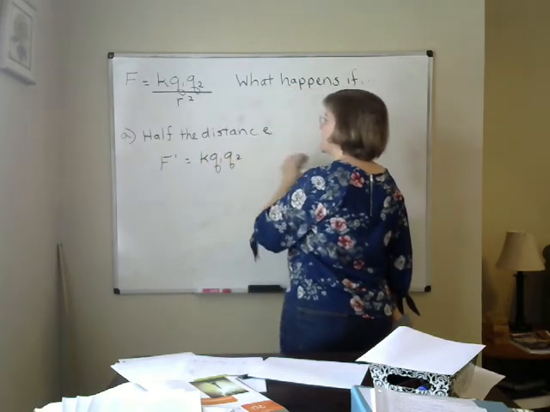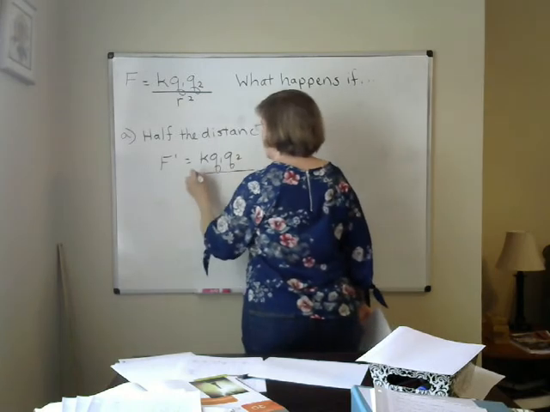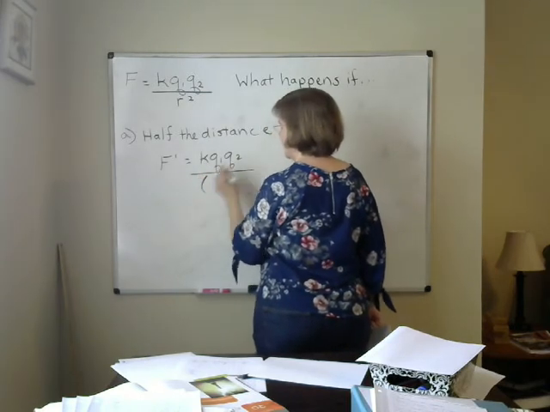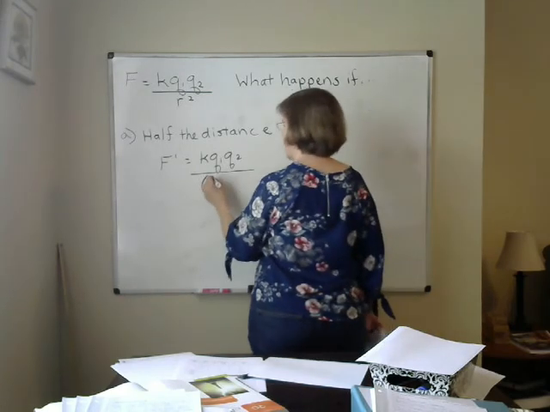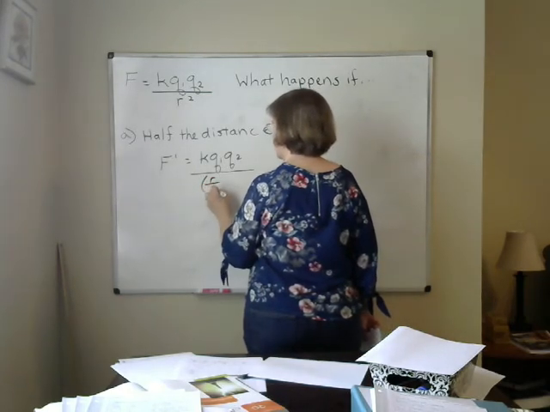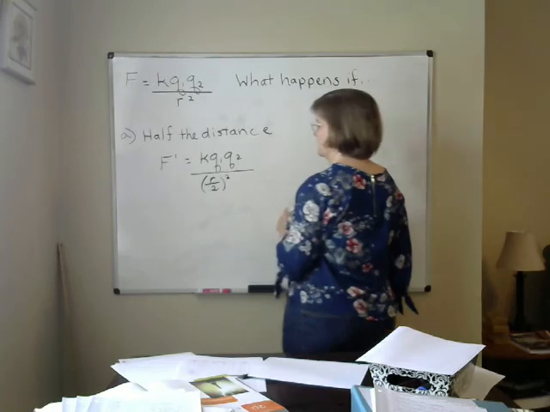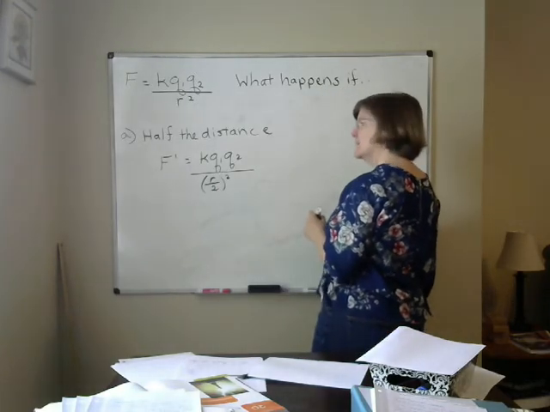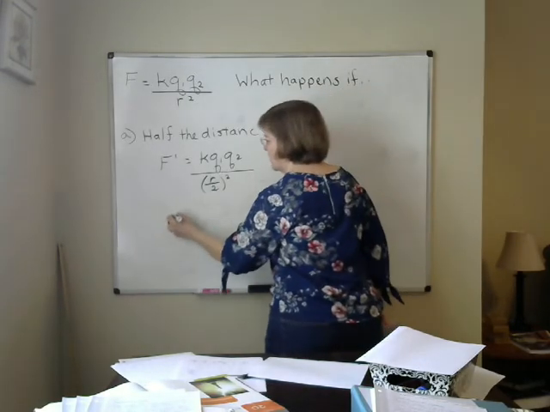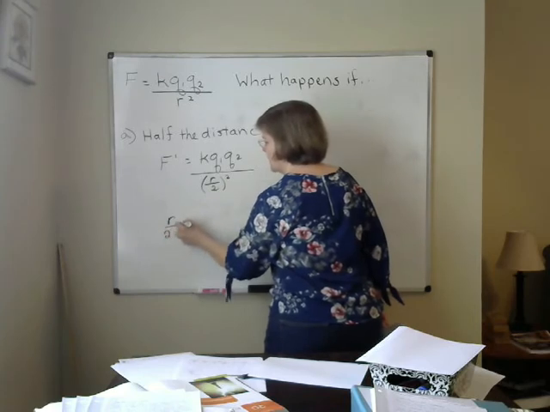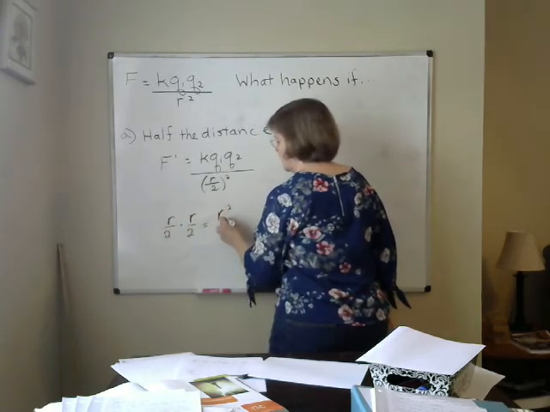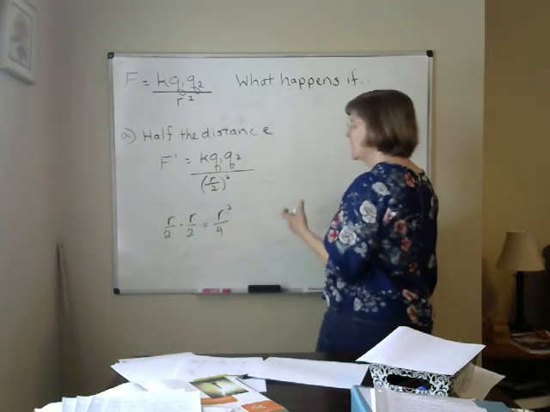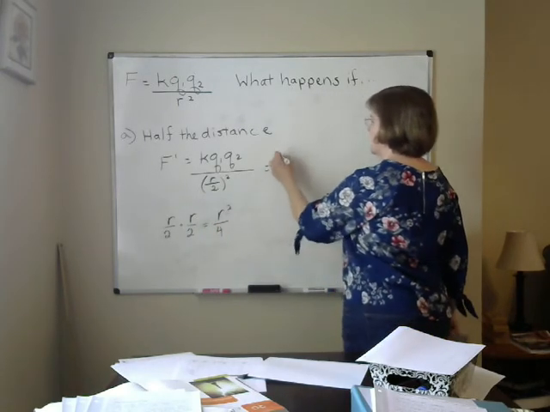We're not messing with any of that. But this is going to be 1/2 of R, or R divided by 2 squared. Okay, that's half the distance. R over 2 times R over 2 is R squared over 4. So we're going to end up with this fraction in the bottom.